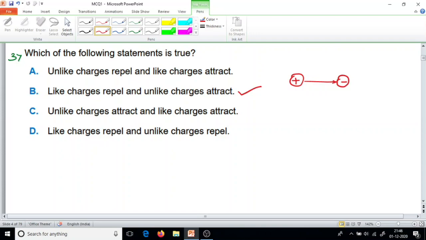A positive charge will attract a negative charge. This will be an attractive force. And like charges, like minus, they will repel each other. Similarly, positive charges also repel.